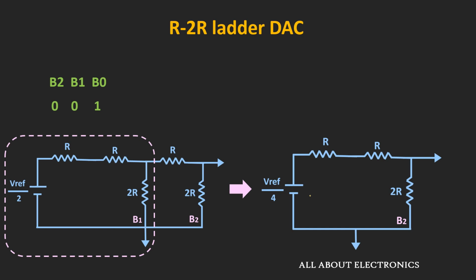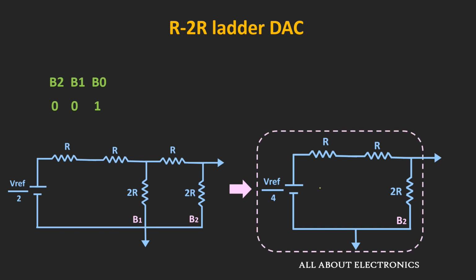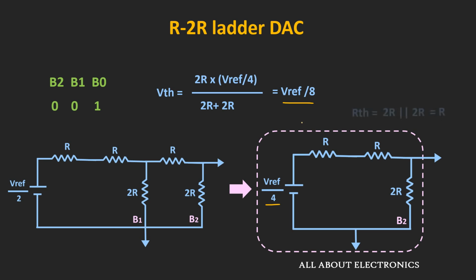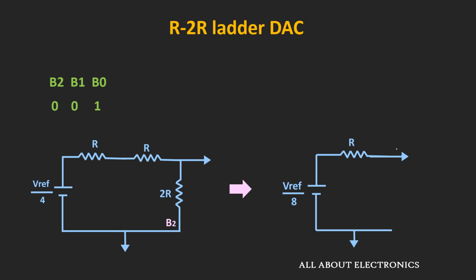Now once again, if we find the Thevenin's equivalent circuit for this circuit, then the Thevenin's equivalent voltage VTH will be equal to 2R divided by 2R plus 2R times V reference by 4 volt, that is equal to V reference by 8 volt. And the value of the Thevenin's equivalent resistance will be equal to 2R in parallel with 2R, that is equal to R. So the equivalent circuit will look like this.